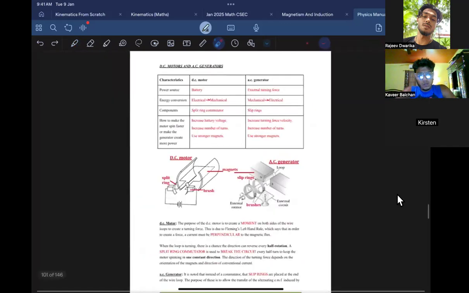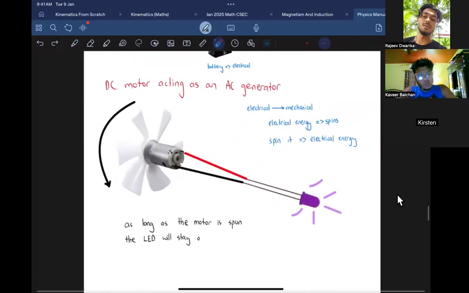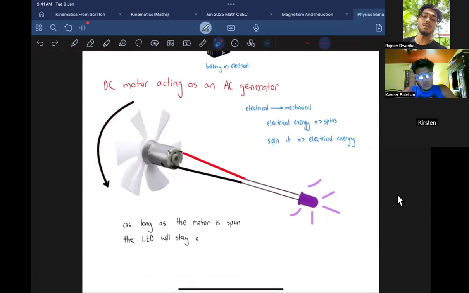Check out the diagram. When we spin the motor, what happens? The bulb just lights when you spin the palm blades. So you're generating what kind of energy? Electrical.